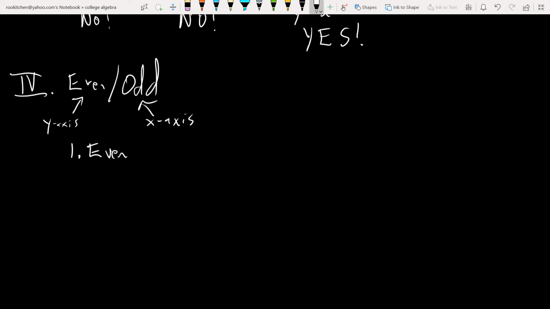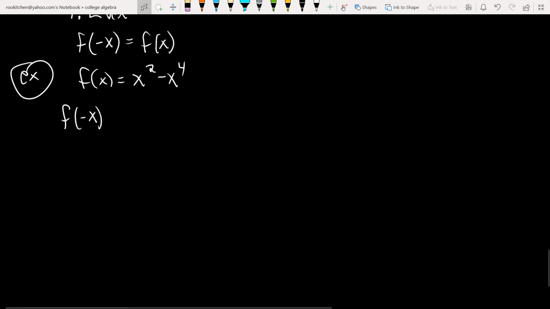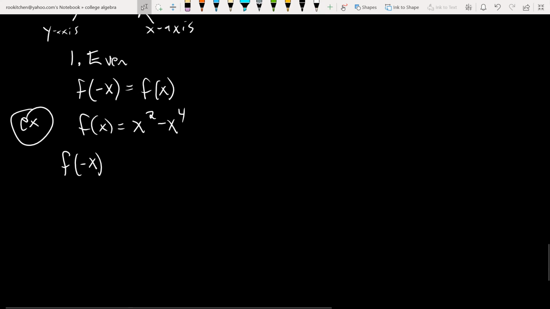So anyways, even symmetry, to do this, you have to consider f of negative x and see if it's the same thing as f of x. So for example, if we have the function f of x equals x squared minus x to the fourth, I'm going to consider f of negative x. That's where I start. So I replace x with negative x wherever I see it. So negative x squared minus negative x to the fourth.